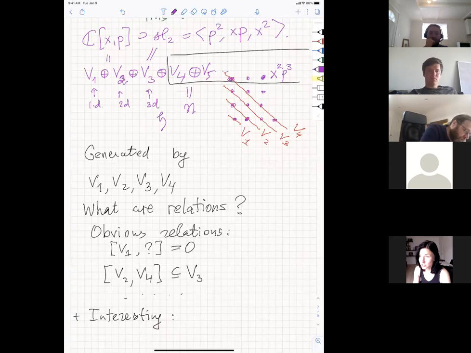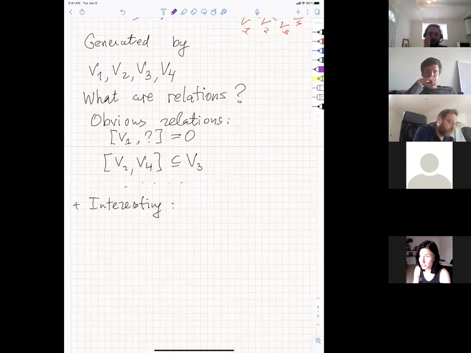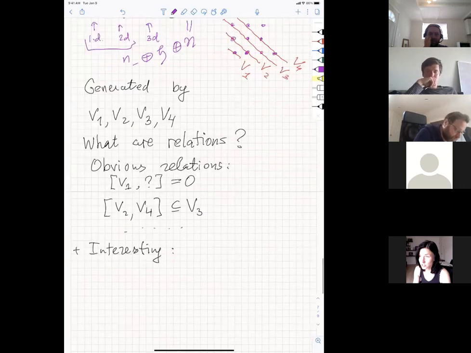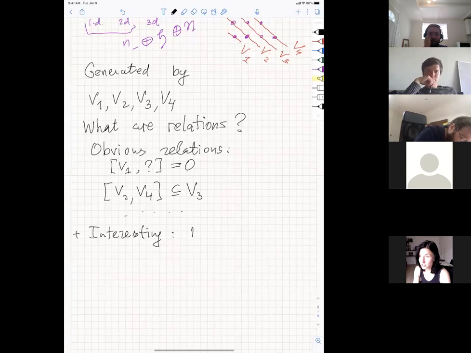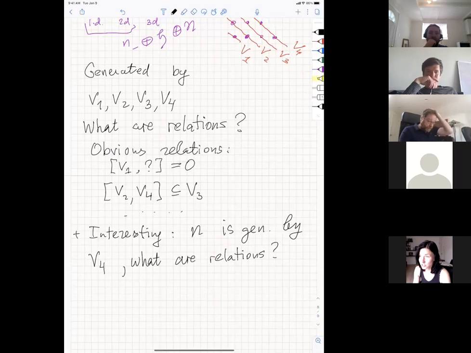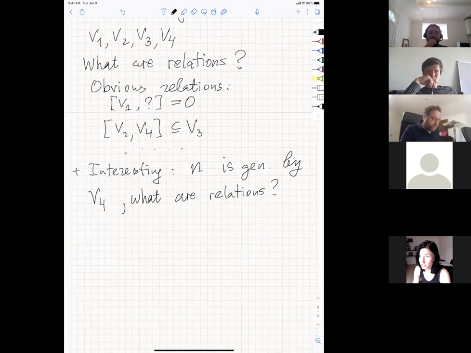And then there is this n minus, which is this. And so the interesting relations are for n. So, the presentation of n. n is generated by V4. And what are the relations? We can write down those relations equivariantly with respect to SL2.